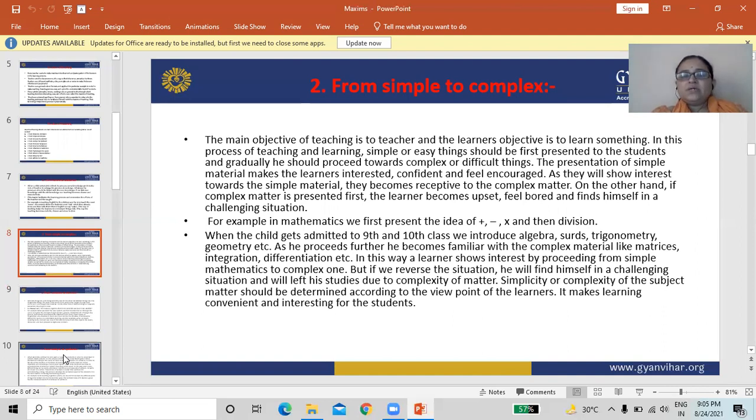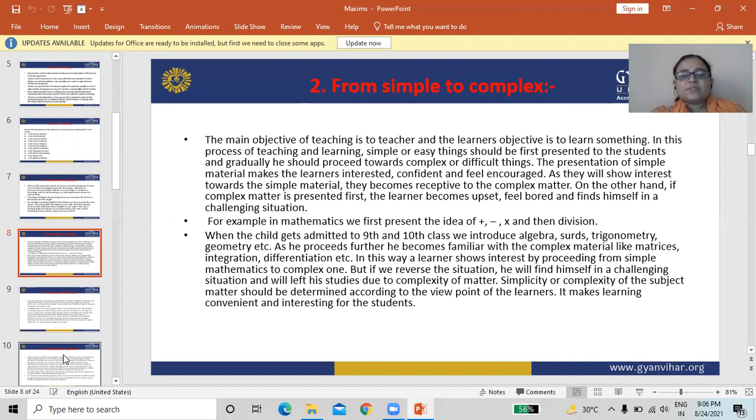On the other hand, if complex matter is presented first, the learner becomes upset, feels bored, and finds himself in a challenging situation. For example, in mathematics, we first present the idea of plus, minus, multiplication, and then division.